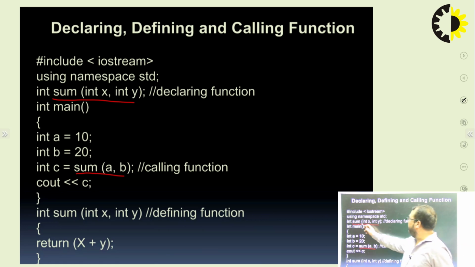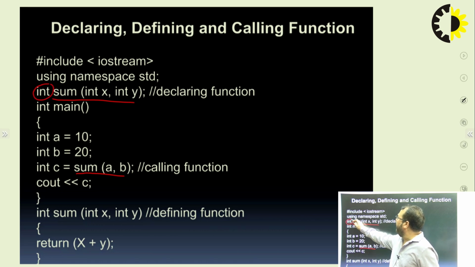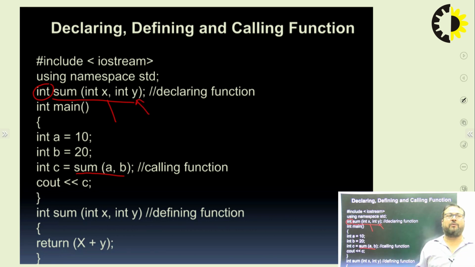We can say that this function has return type integer, and it is going to take two arguments, say x and y. So we know the nature of the function. What is the nature? The return type: this function is going to return some integer value, and it takes two integer arguments, x and y.